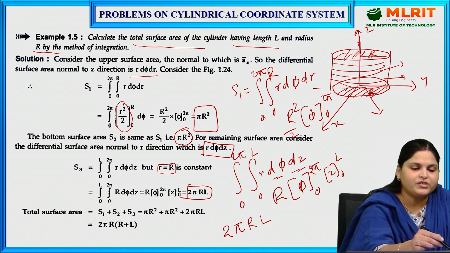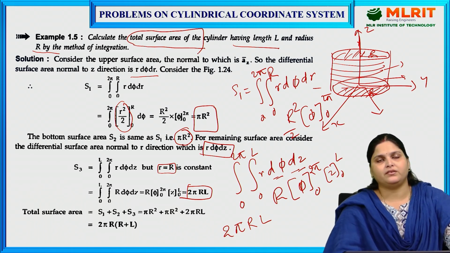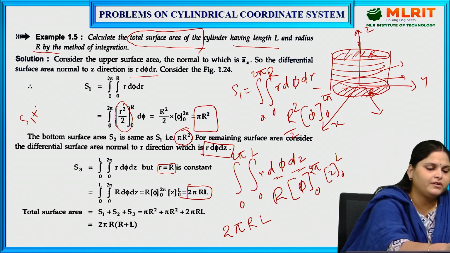Now in the question it was asked that we find the total surface area of the cylinder. To find the total surface area we use the formula S1 plus S2 plus S3.